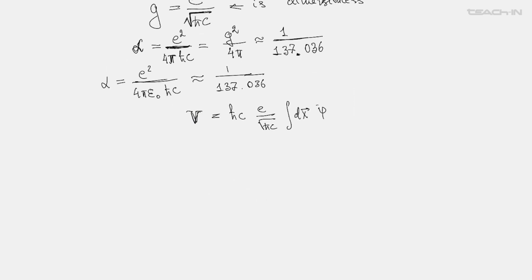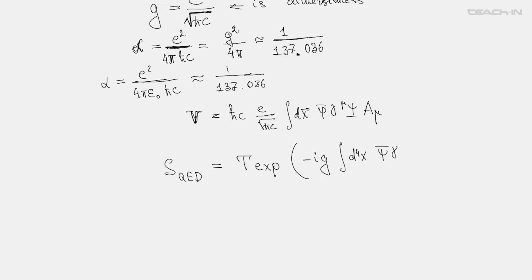And if you now substitute this into the formula for the S matrix, then we get the S matrix of quantum electrodynamics as the time-ordered exponential of minus i g, where g is just the coupling constant I have introduced, times the four-dimensional integral of psi bar gamma mu psi A mu.